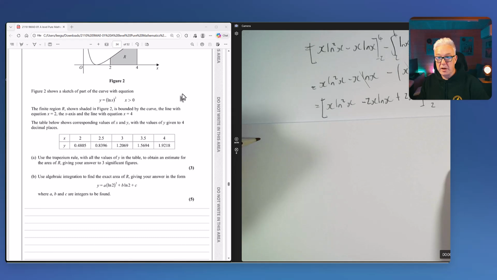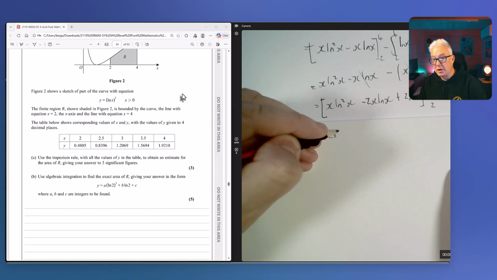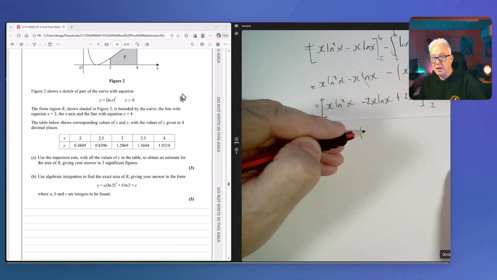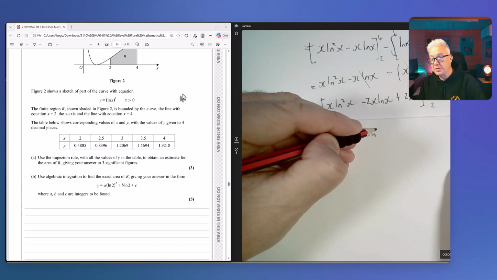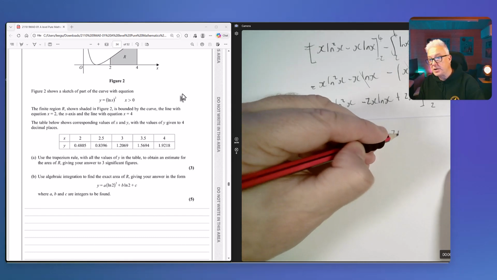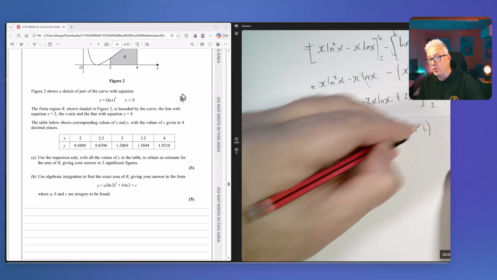Okay, so we're going to have 4 ln²4 minus 2 times 4 ln4 plus 2 times 4. Okay, and we're going to take away from that, it's going to be 2 ln²2 minus 2 times 2 ln2 plus 2 times 2, which is going to be 4.